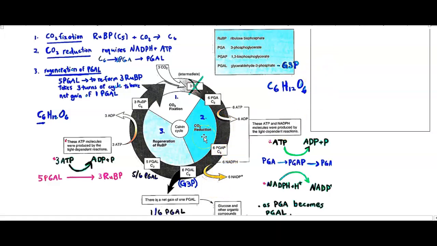Carbon dioxide reduction starts with 6 ATPs, ends up with 6 ADPs. So let's look at the PGA. And then it's going to use 6 ATPs, right?